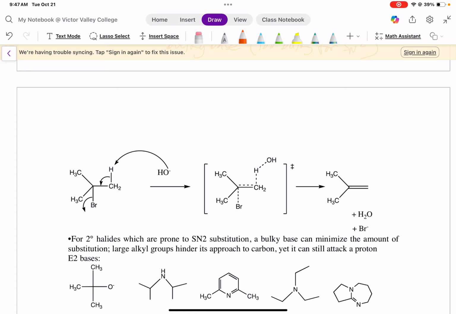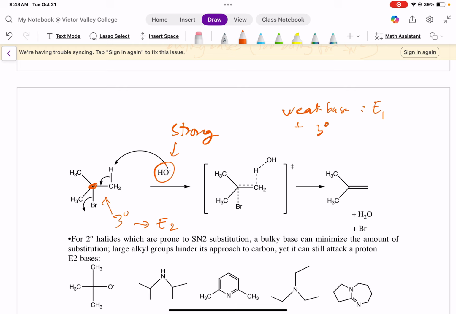Okay, in this case, we don't have to worry about the base because this is a tertiary, so it's going to do elimination, and this is a strong base. If it's a weak one, then it is more likely E1, right?